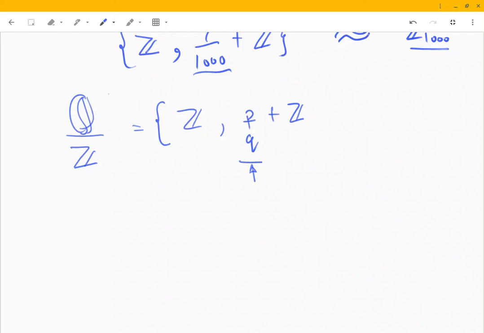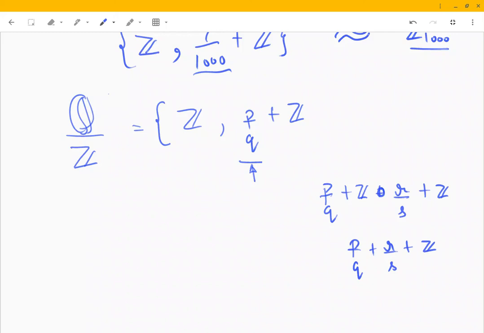This quotient group is a group. If we have P by Q plus Z plus R by S plus Z, taking plus as the operation, okay. Yeah, this shall be an abelian group.